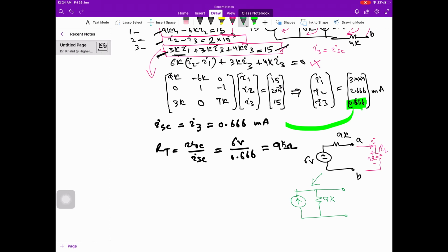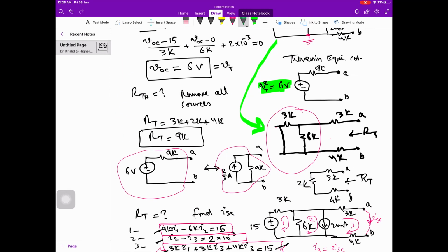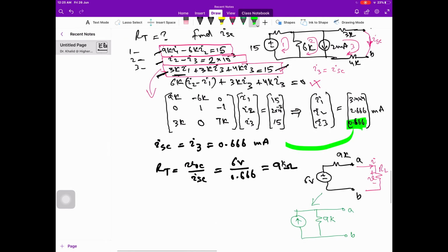So this is the Thevenin resistance we have determined using the equivalent resistance method, or using the open circuit voltage and the short circuit current. The resistance will be same. What will be this IN, the Norton current? This current is basically the short circuit current. So the short circuit current which we have found is 0.666 milliampere.